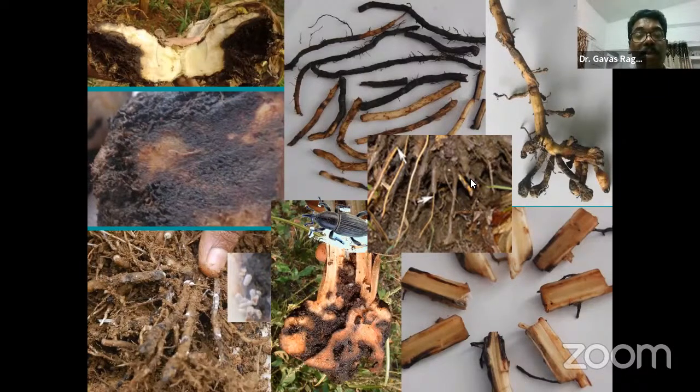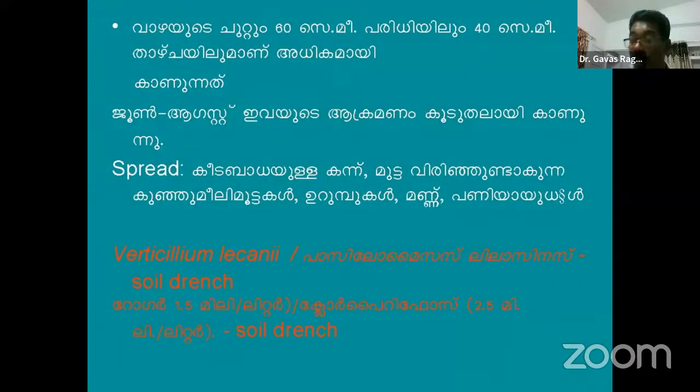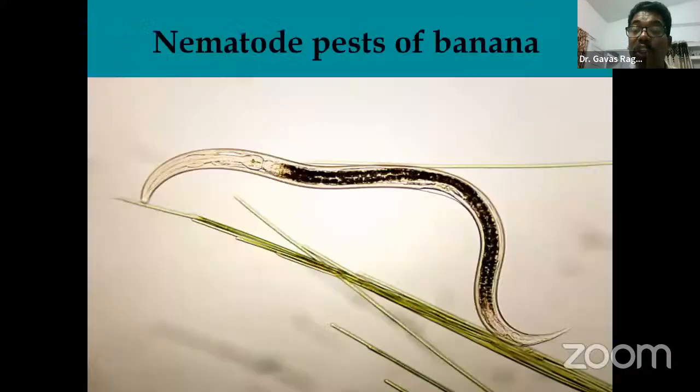These are some pictures showing the different damage symptoms produced by root mealybug. Then we can also go for soil drenching with chlorpyrifos. Chlorpyrifos 20 EC can be drenched at the base of the plant at the rate of 2.5 ml per liter, an excellent method in managing banana root mealybug.